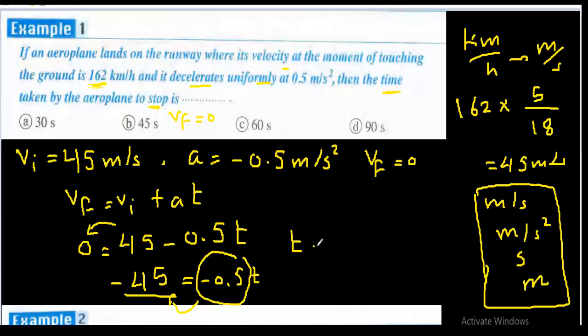So t equals negative 45 divided by negative half, so it will be 90 seconds. So the answer will be 90 seconds. Take into consideration that time is always positive. No time will have a negative sign. Time is always positive.